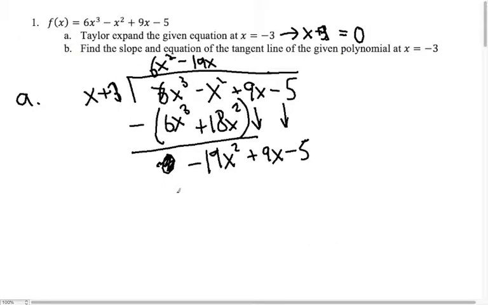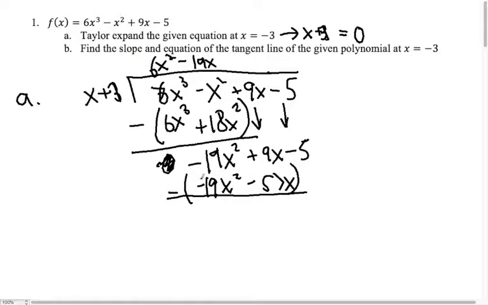So then you would subtract the value of this times this. So you subtract the value of minus 19x squared minus 57x, and you would solve.